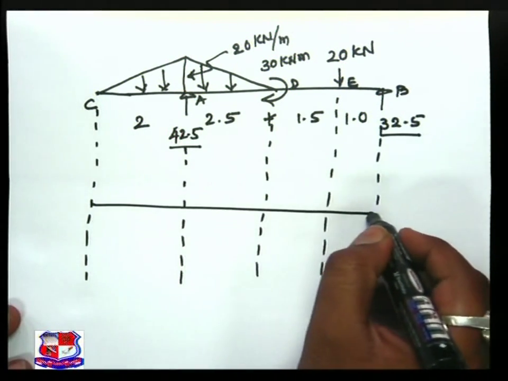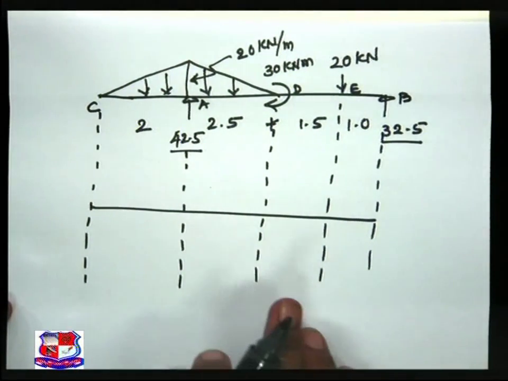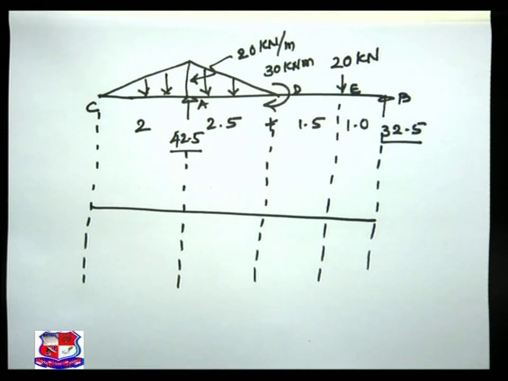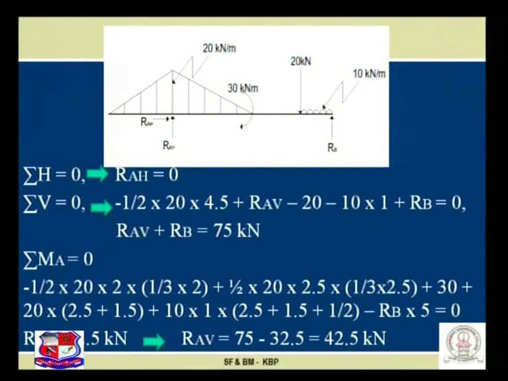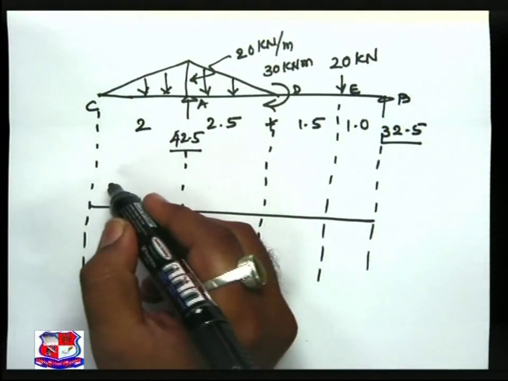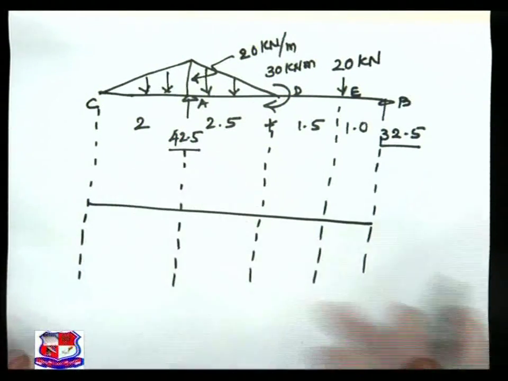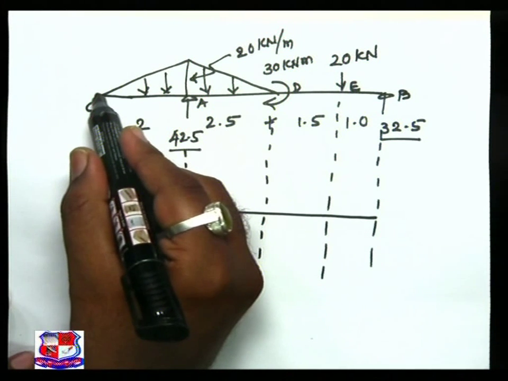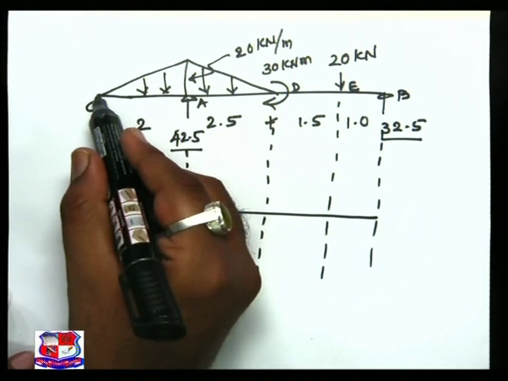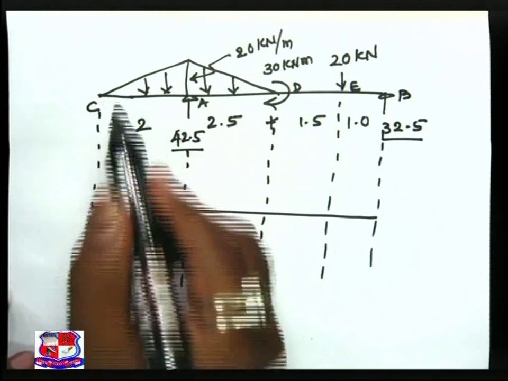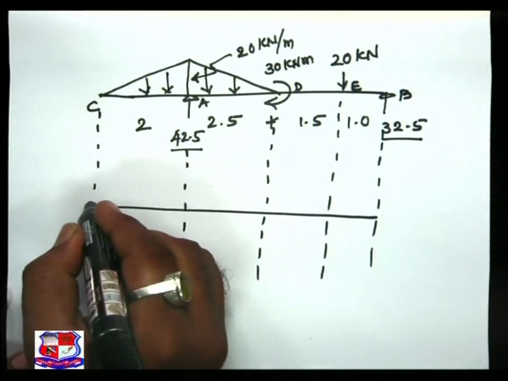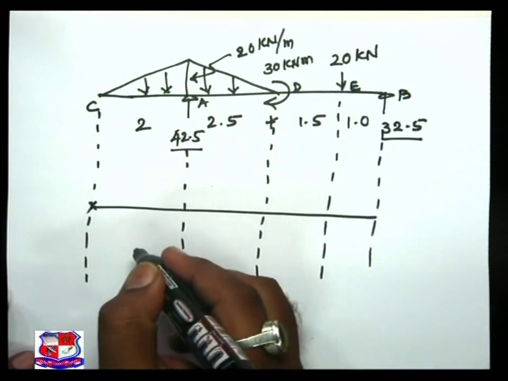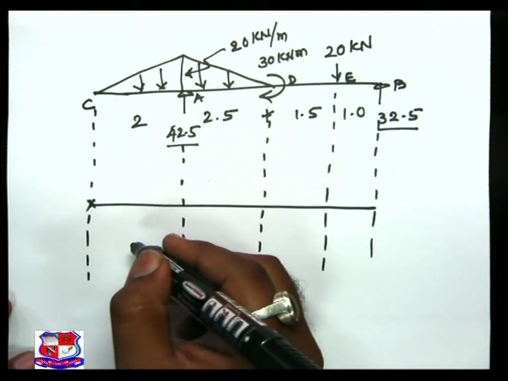The first line that we have plotted right now is known as the baseline. Please see this on the tabletop. Now refer to the figure. At point C, the load acting is 0, so the moment at that particular point is itself 0. That is known to us very well.